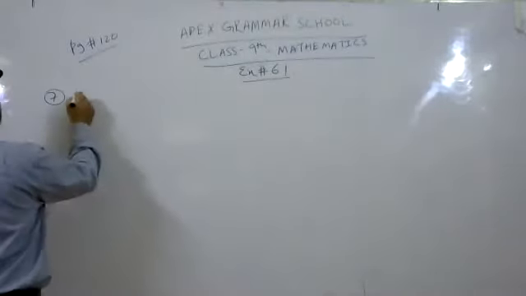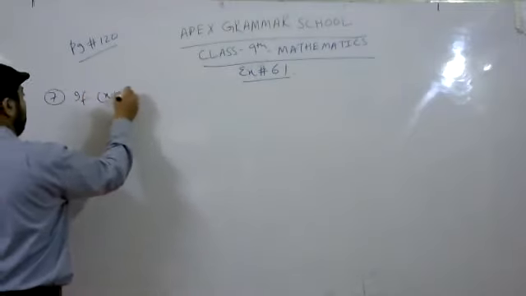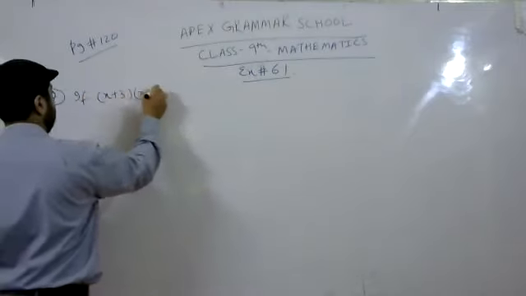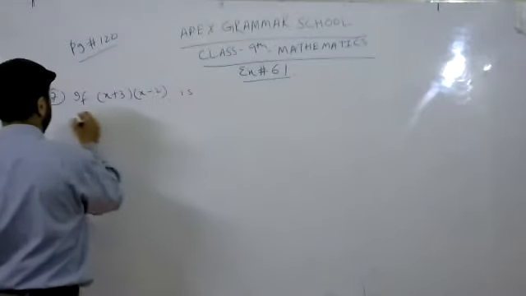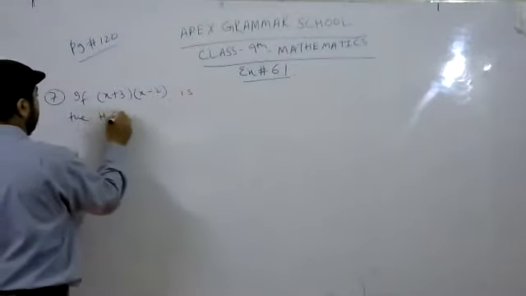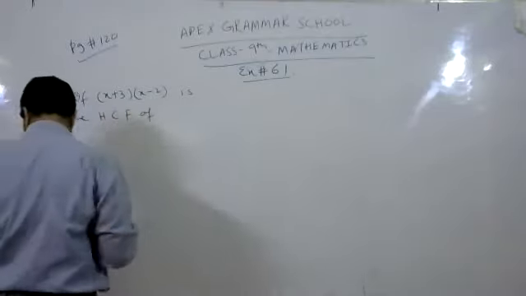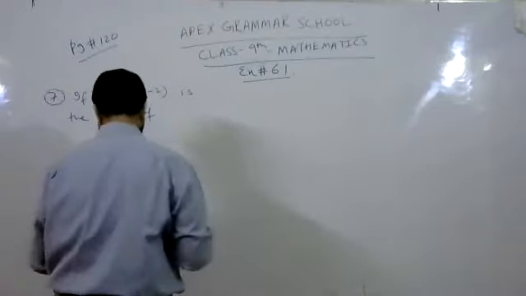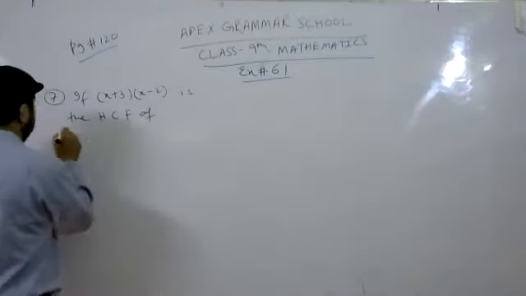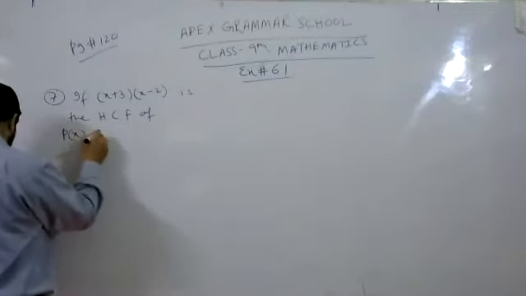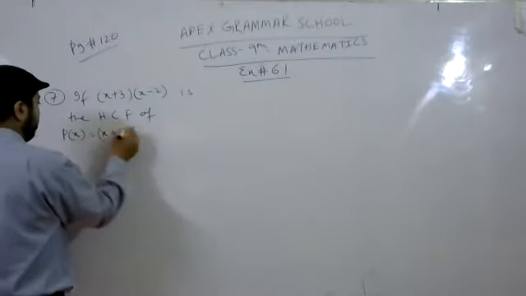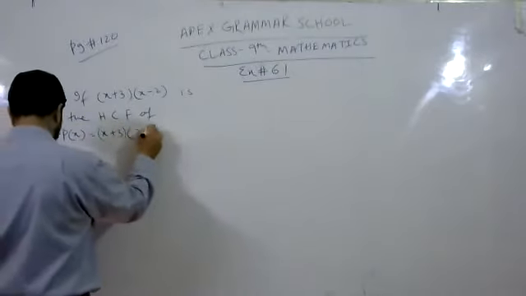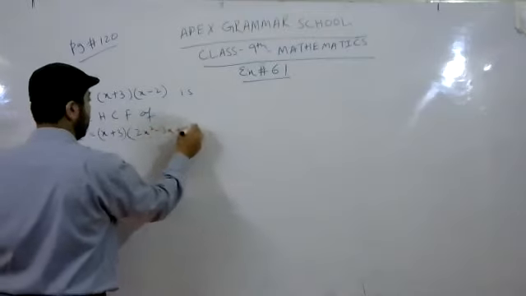That is, if (x + 3)(x - 2) is the HCF of two polynomials. First is p(x) = (x + 3)(2x² - 3x + k).